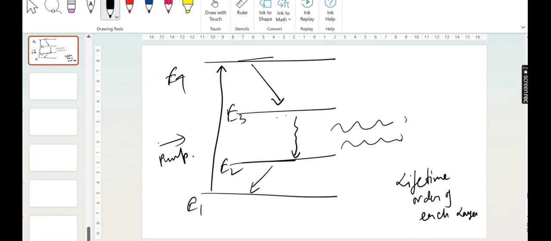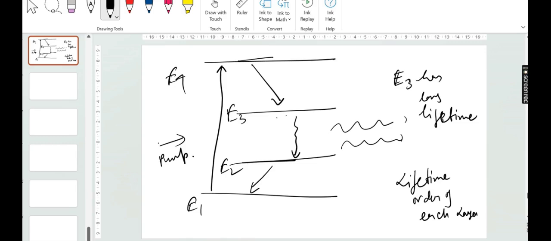Level 3 is the upper laser level. Usually it is a metastable level having a long lifetime. Transition from level 3 to level 2 forms the laser transition.